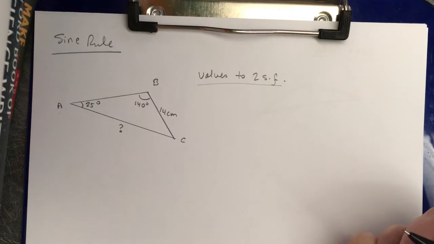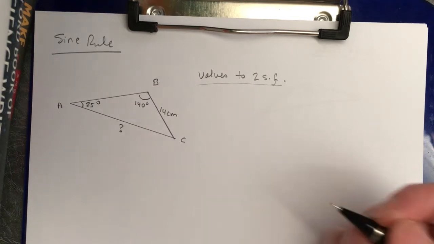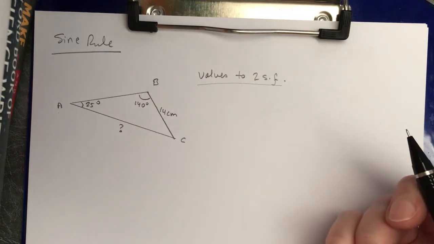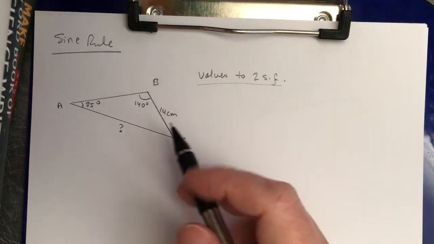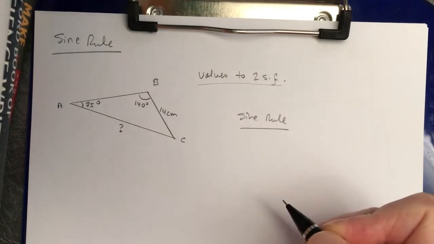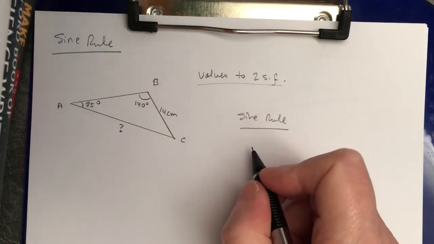But we can scratch it out, and here's what you're going to do. First off, I'm going to ignore the measurements, and I'm just going to set up the sine rule. So the sine rule says the following.